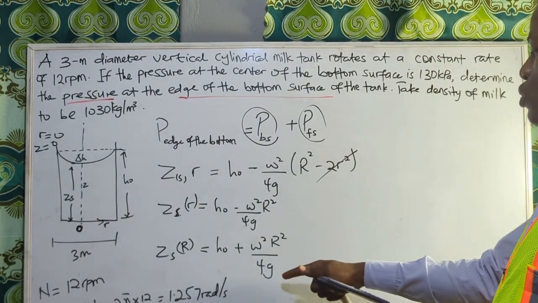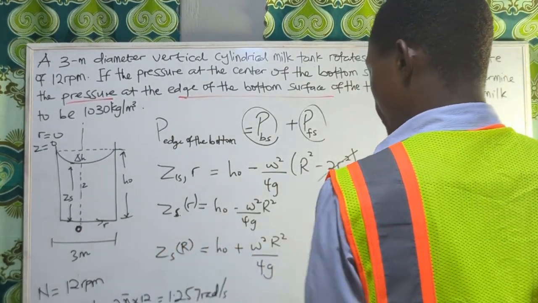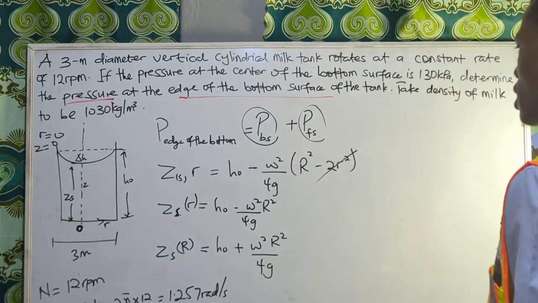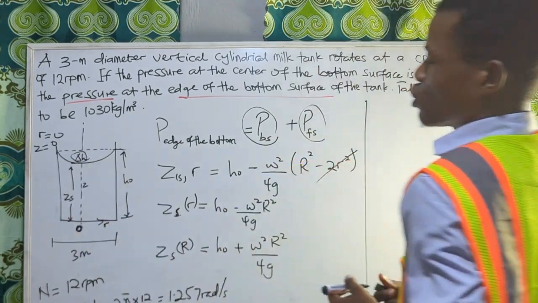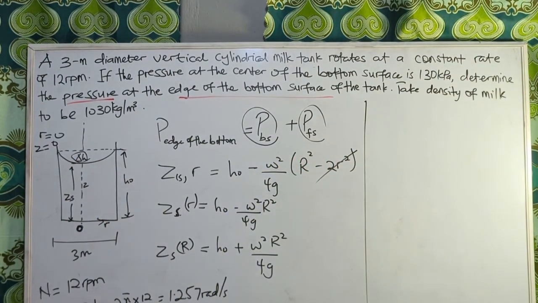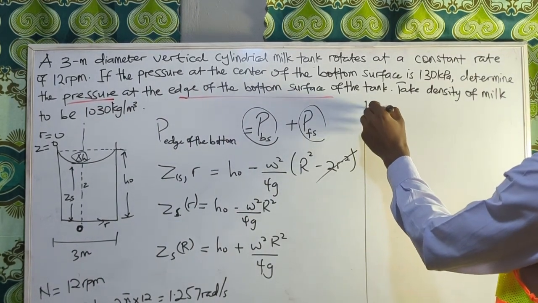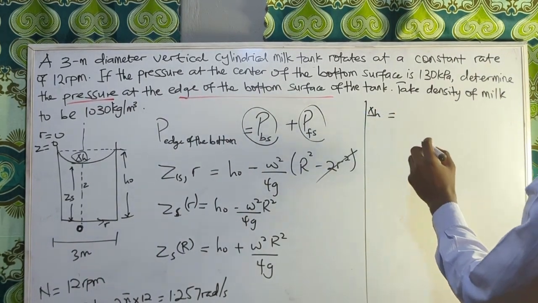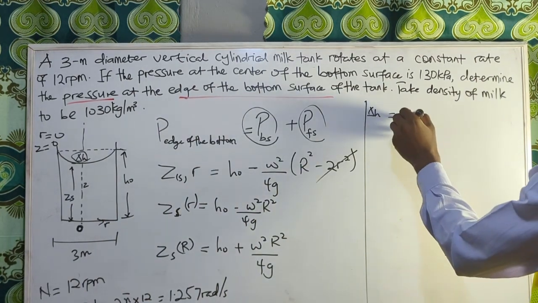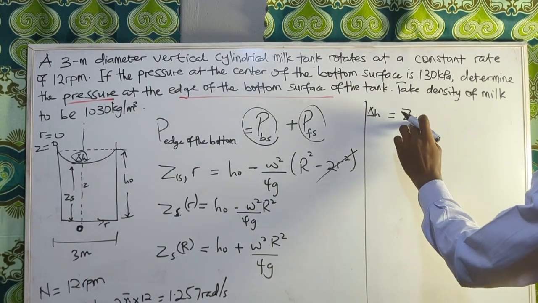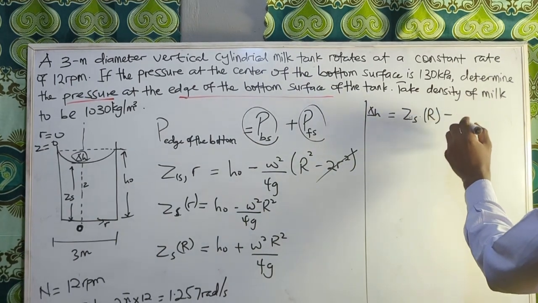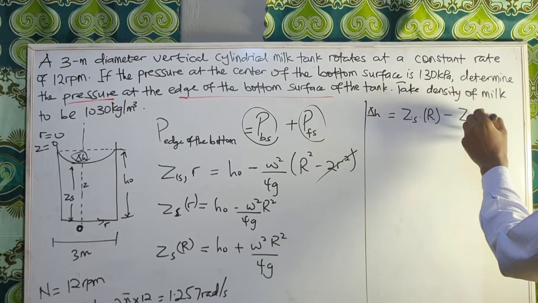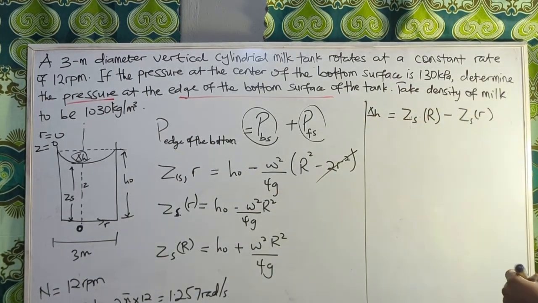Now, to find delta H, delta H is going to be equal to ZS at big R minus ZS at small r.